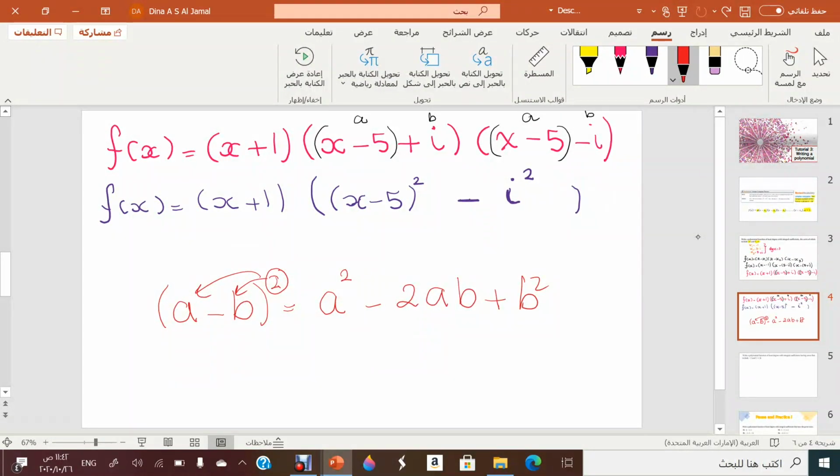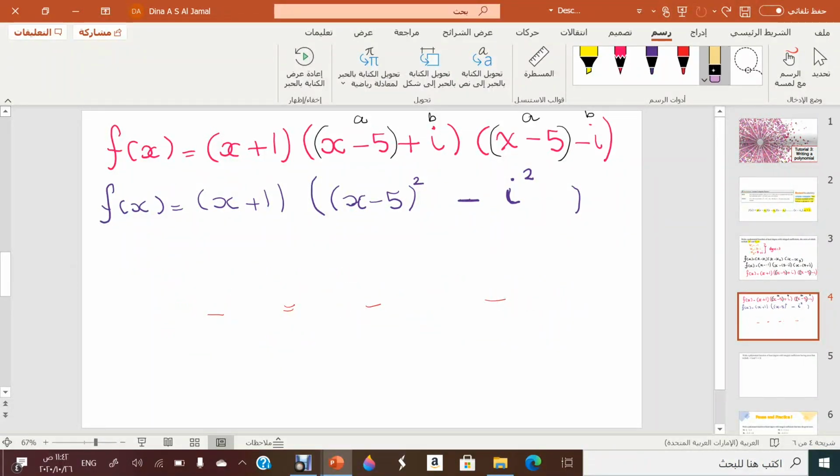Then add them to each other. Now use this method to find the simplification.